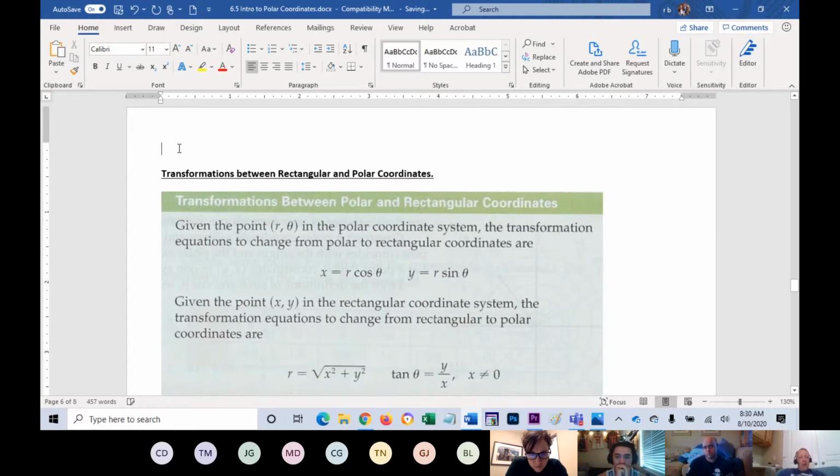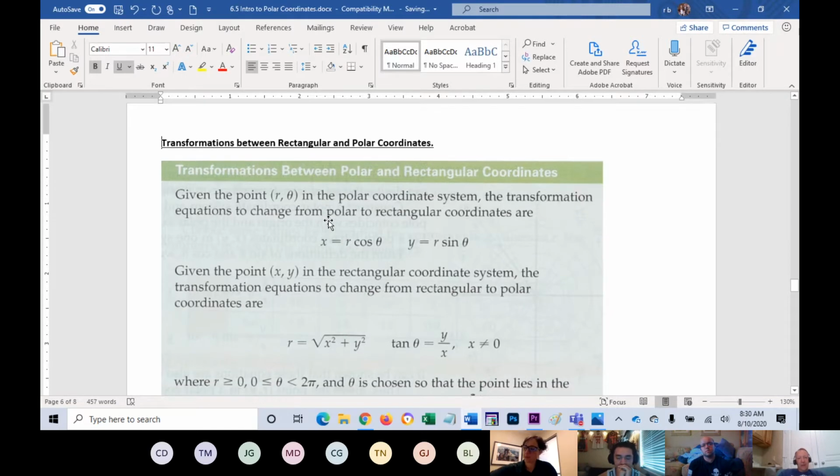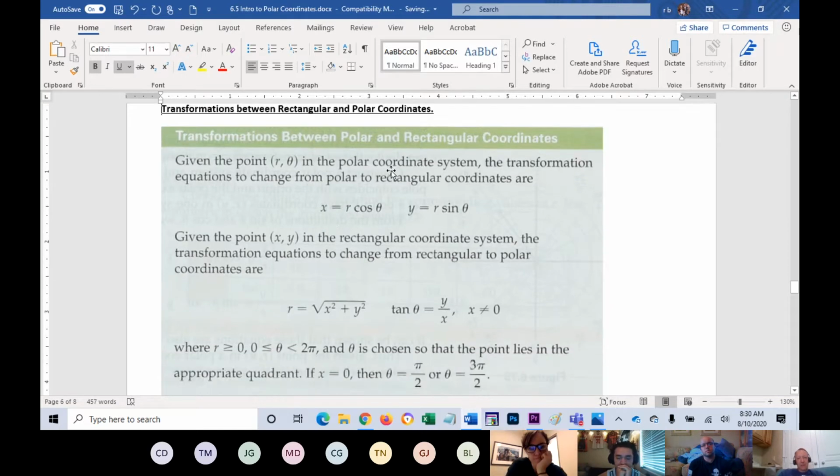All right, so now, because we're probably more familiar with rectangular coordinates, we're going to talk about how to convert between rectangular and polar coordinates. Given the point r theta in the polar coordinate system, the transformation equations to change from polar to rectangular coordinates are: x equals r cosine theta, and y equals r sine theta.